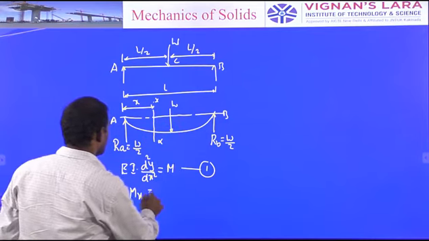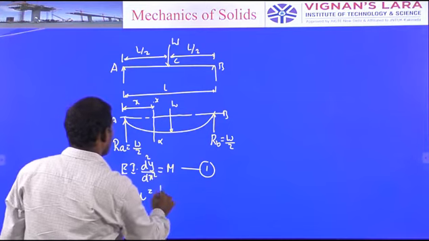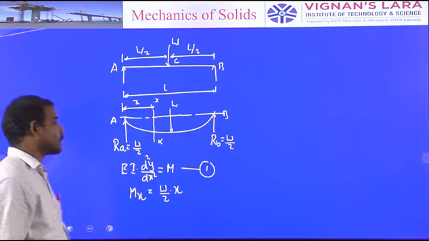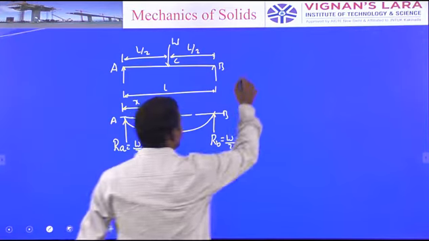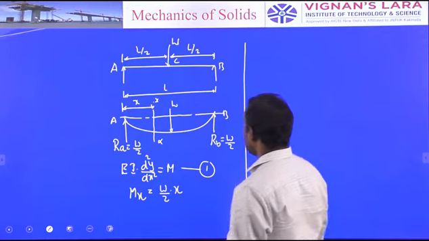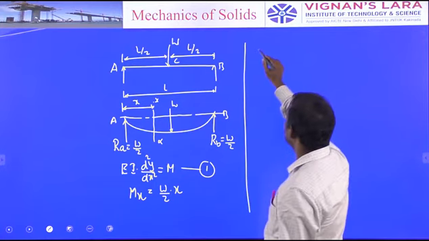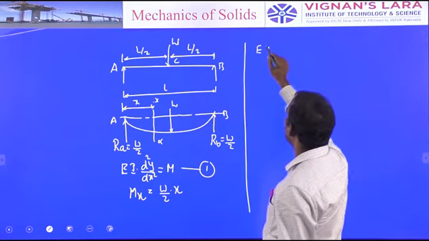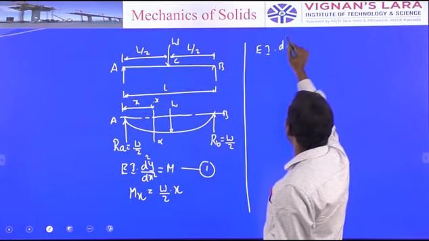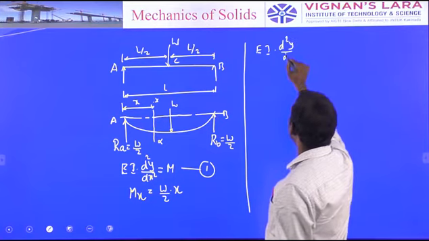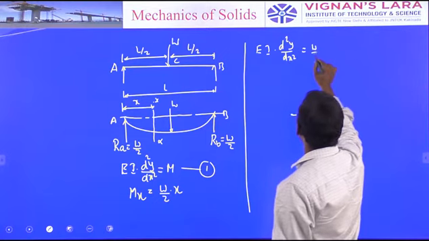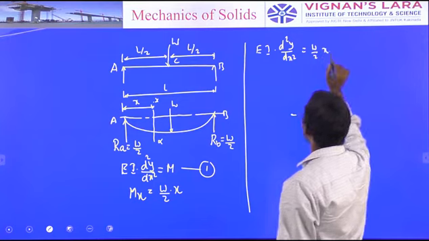Mx is equal to W by 2 into x. This is the bending moment equation. Simply substitute the M value in equation number 1: EI d square y by dx square is equal to W by 2 into x.